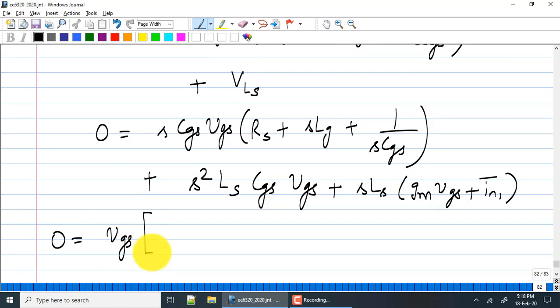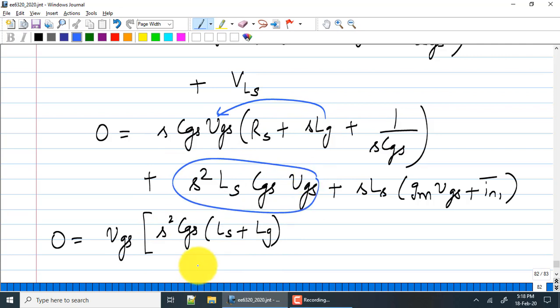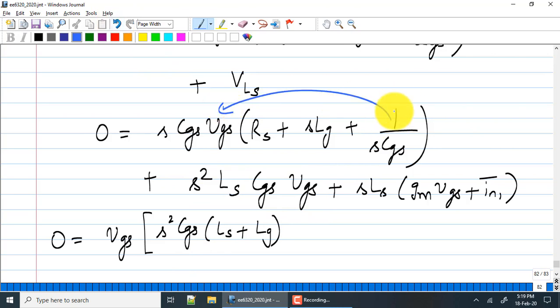So VGS into what do we have? So S square CGS into LS plus LG. So you have three terms so far. These two terms give you S square CGS LG into VGS. This term gives you this. So if you combine those two, it gives you S square CGS into LS plus LG. These two terms give you just VGS itself.